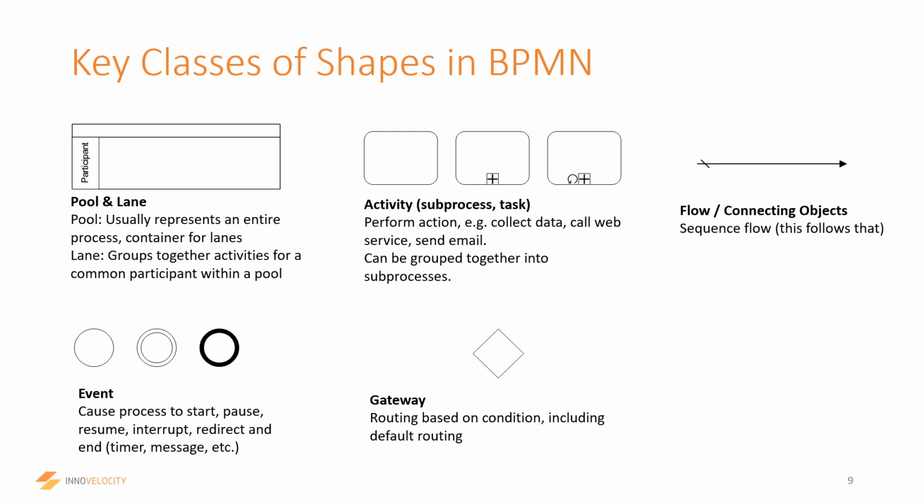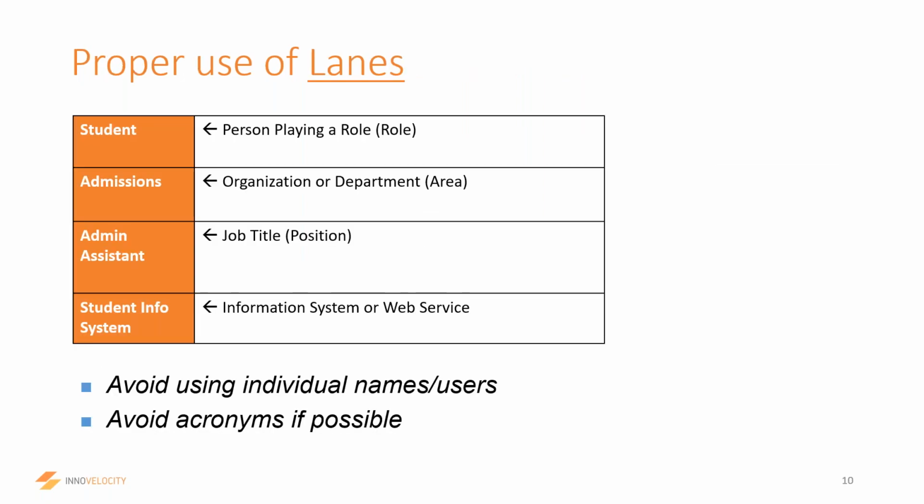Let's look at each one of these in just a little bit more detail and talk about some of the best practices that we have and that we've used in the variety of projects that we've done. And we'll start with lanes here. Again, a lane groups together everything for a participant in the process. And the first very important tip that I would give is to make sure that when you're defining this, you capture every actor that's involved in the process.